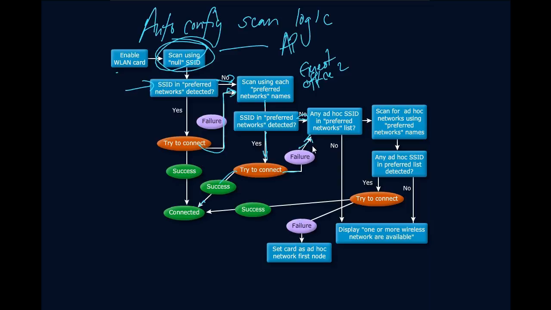I now begin to scan for ad hoc networks. Yeah, those mesh networks from node to node with no AP, no infrastructure. That's what you're going to do. Do you have any preferred ad hoc networks? Yes or no?